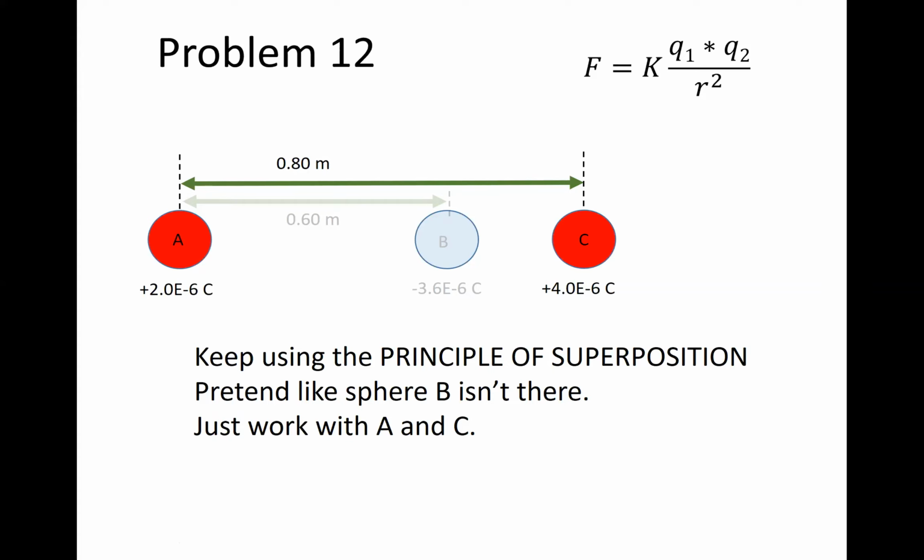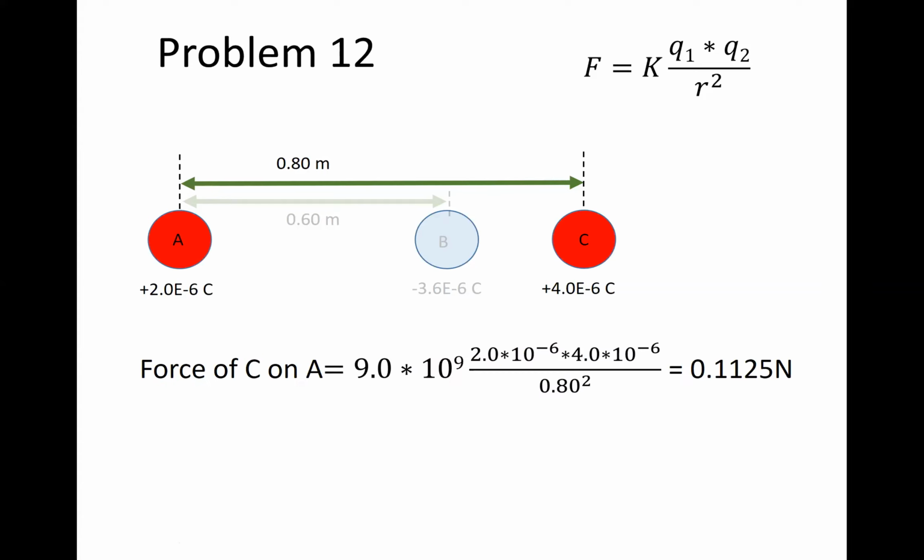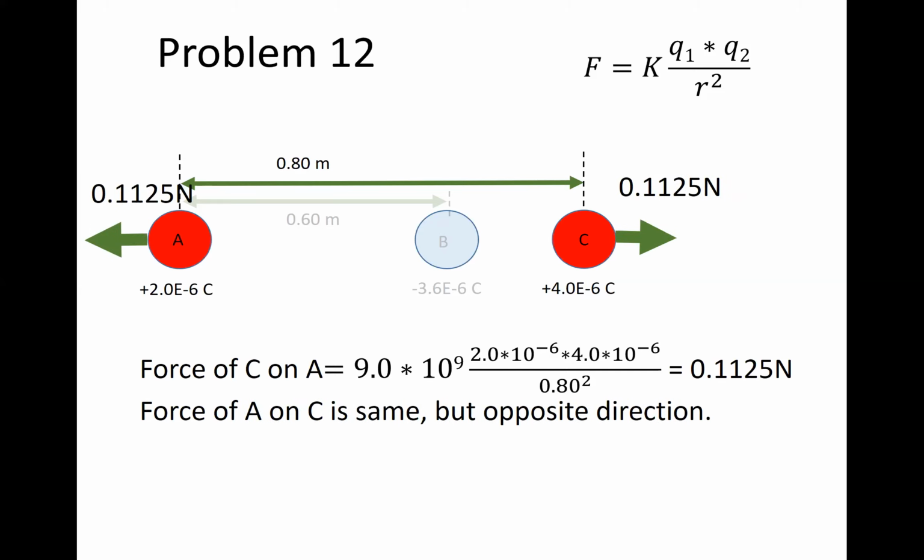Again, working with the absolute value, I get the direction from the picture. Now I just want the magnitude of the force. I put in the numbers, and I get 0.1125 newtons. That's the force on A due to C, but it's also the force on C due to A, again equal and opposite.